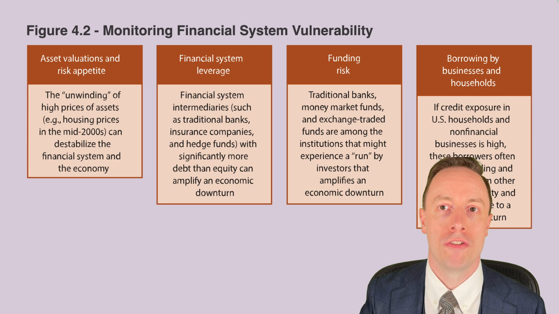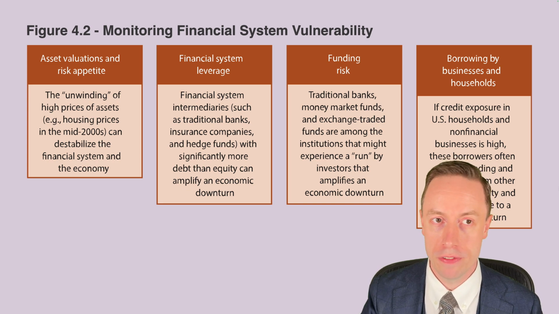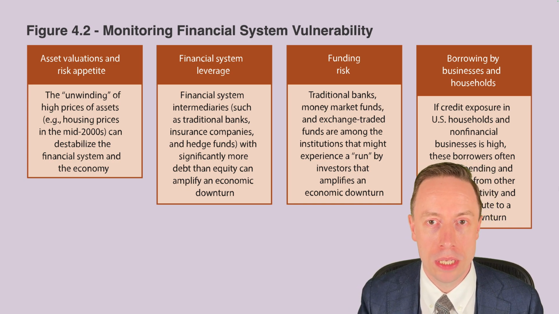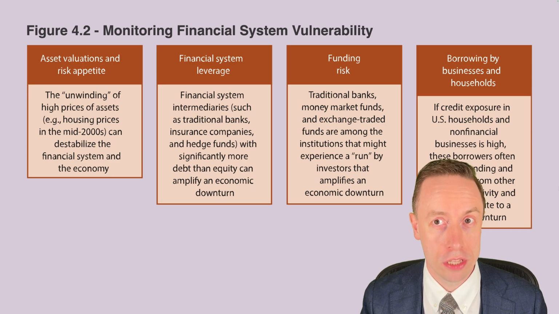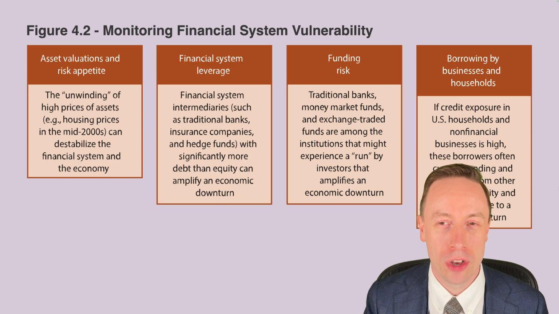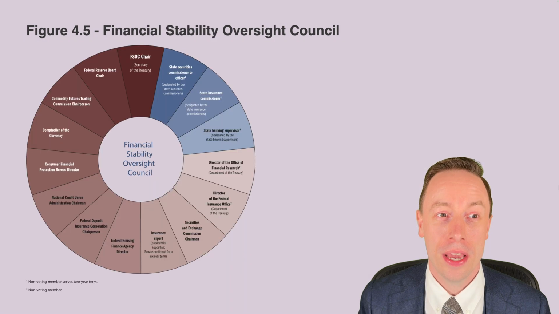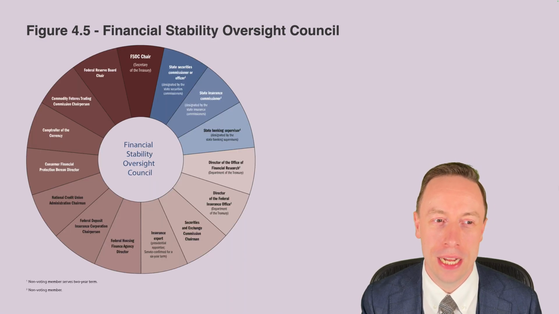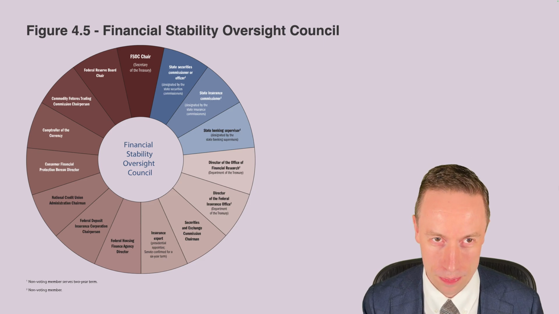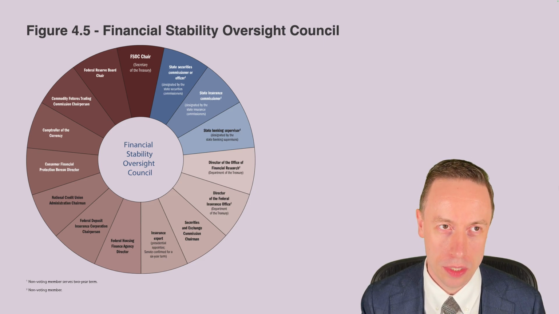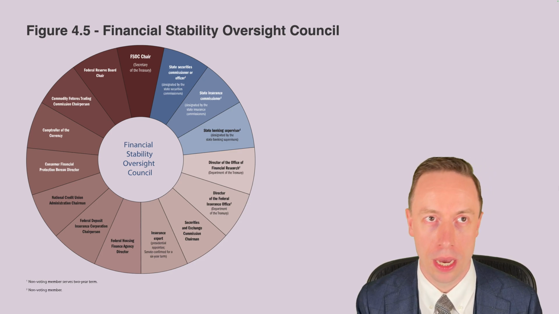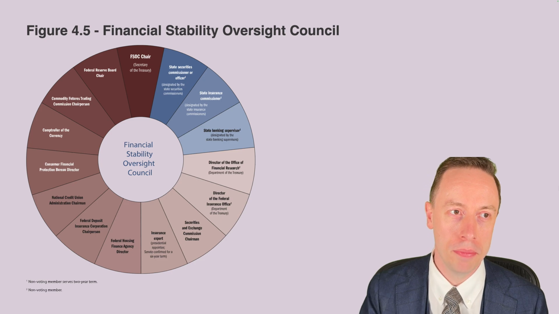Now, the Federal Reserve keeps an eye on all of these, and financial system security and stability is definitely one of its key functions, but I'd be remiss not to point out it's not just the Federal Reserve that keeps an eye on our financial system. Here is a big chart of what's called the Financial Stability Oversight Council of the United States, which is a council that itself keeps an eye on the stability of our financial system.